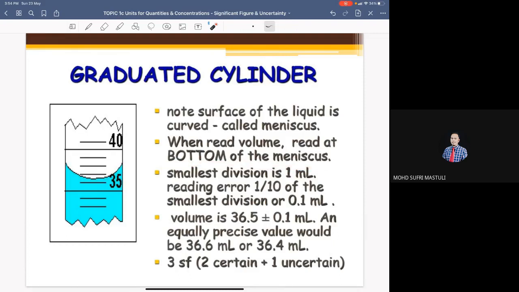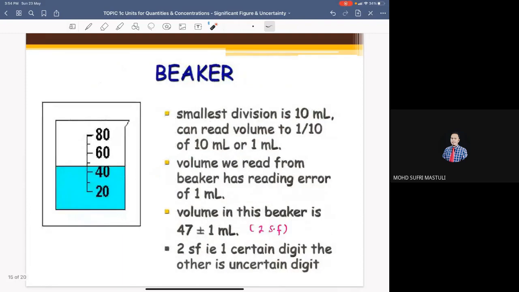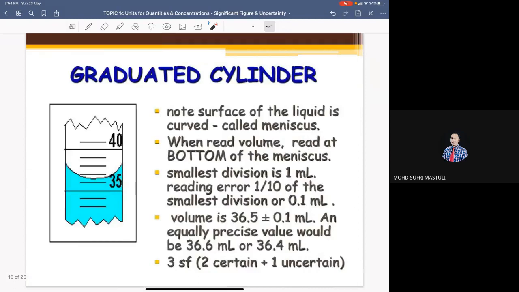Our smallest division is 1 ml, because in this graduated cylinder we have 35, 36, 37, 38, 39, and then 40. So the smallest division is 1 ml. Like this, the smallest division is 10 ml.